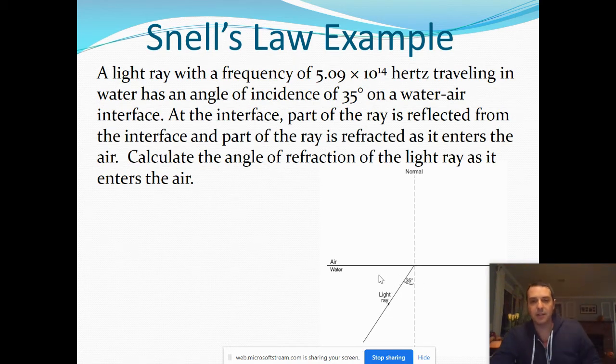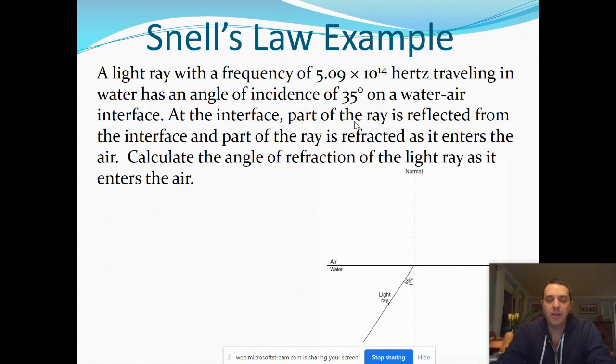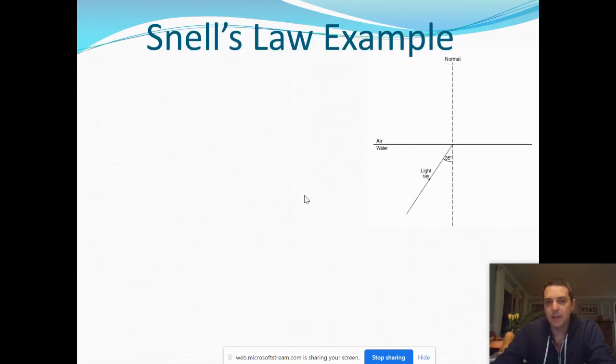So looking at Snell's law, we have three of the four. We have our index of refraction for water, we have our angle of incidence for water, we have our index of refraction for air, and we're looking for the angle in air, and that would be the angle of refraction. So we have these parts. Let's go ahead and solve this and use the equation.